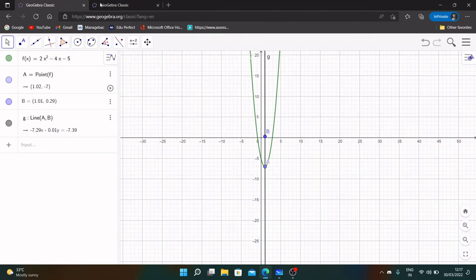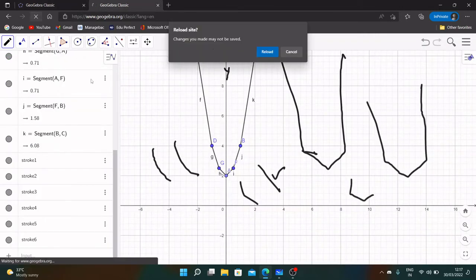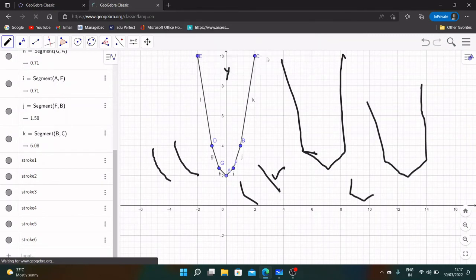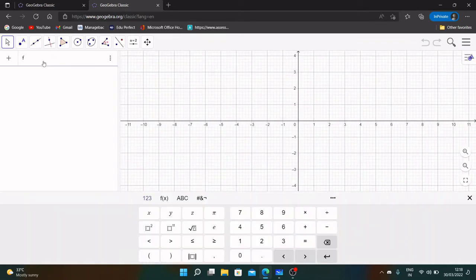Let us take another function to see that. That will be f of x equals minus 2x squared plus 2x plus 3. This is a concave down parabola.